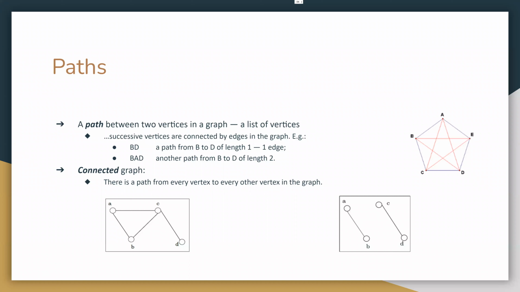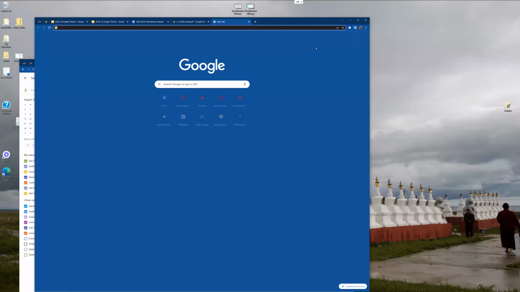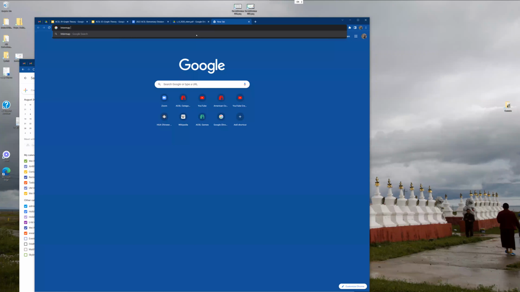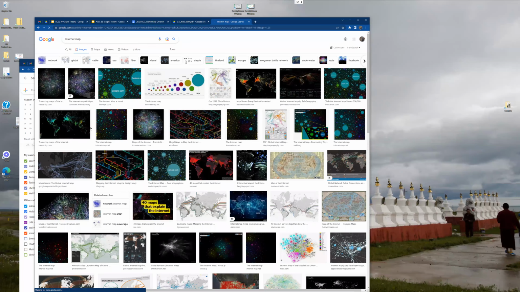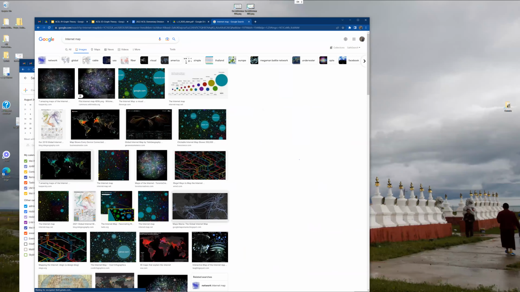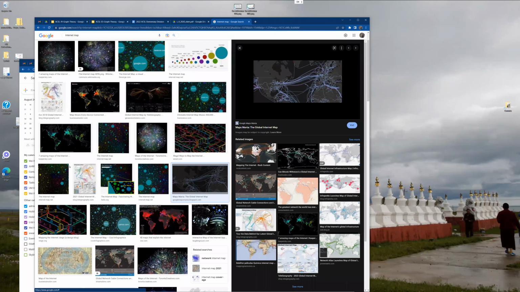But when we talk about graphs, what comes to my mind, if I may go to Google and search for internet maps, so if I just go look for images, whoa.